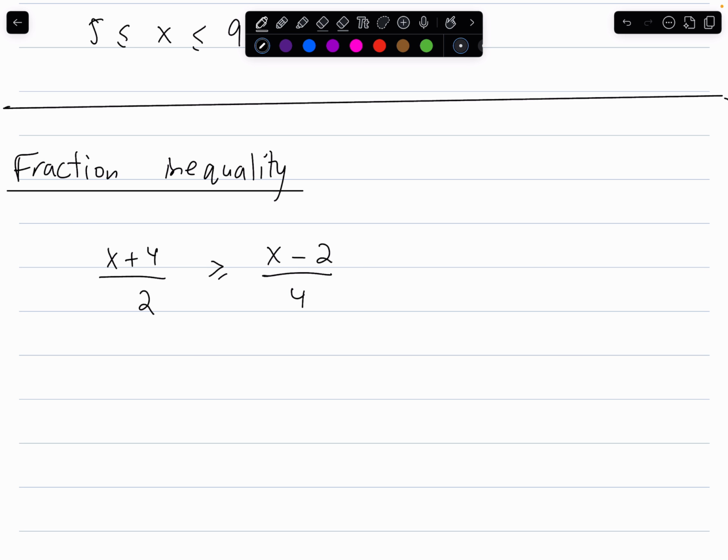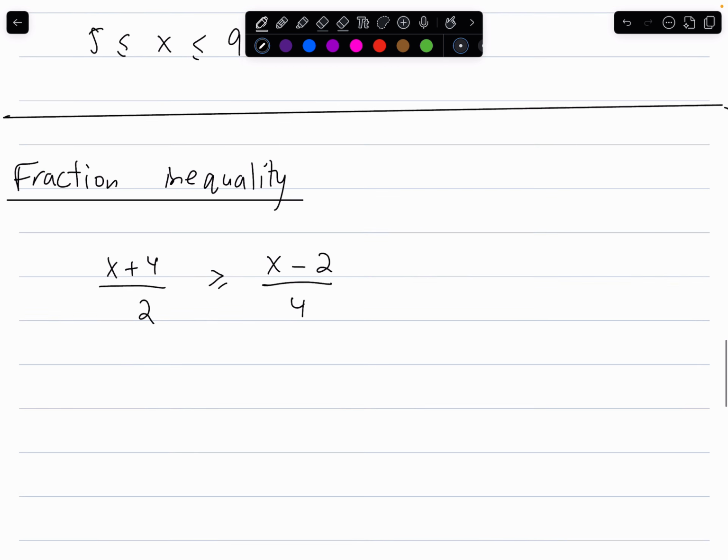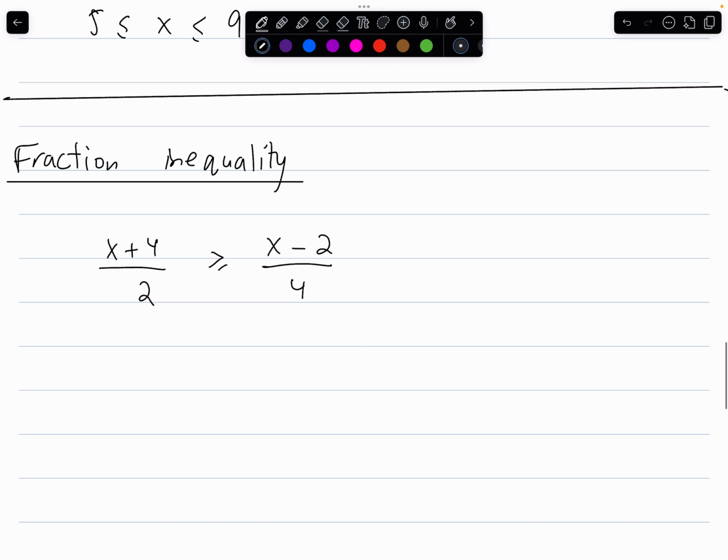Okay? If I have a fraction inequality, what I want to do is get rid of this, right? So I'm going to take the 4, multiply it up, so I'll get 4 times (x plus 4) over 2 greater than or equal to x minus 2.